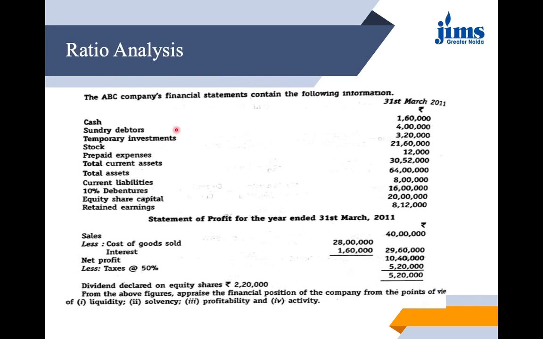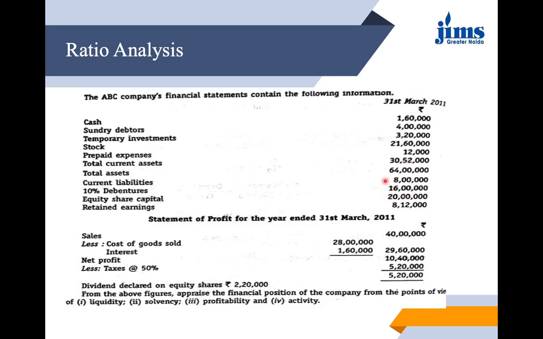We will simply calculate the current assets. Let us see what all information is given to us. We do have cash, sundry debtors, temporary investments, stock, all our current assets, prepaid expenses, again current assets. So total of current assets is given to you as 30,52,000 and total assets are given as 64 lakh. Then you have current liabilities, 10% debentures, equity share capital and retained earnings. So current liabilities are of 8 lakh only.